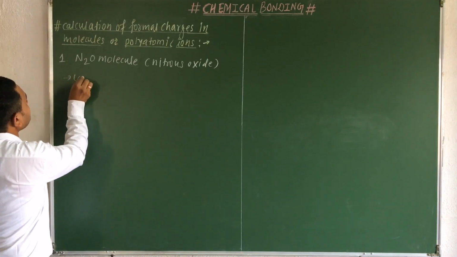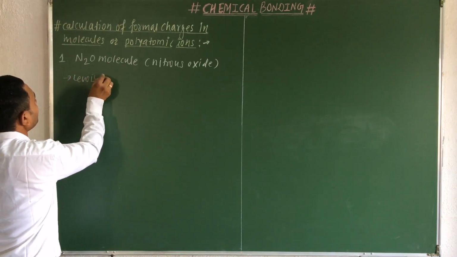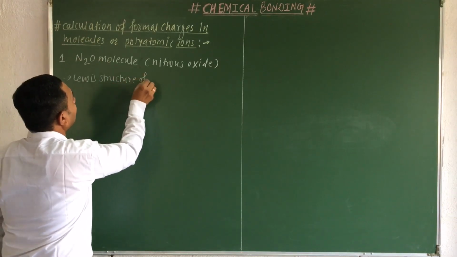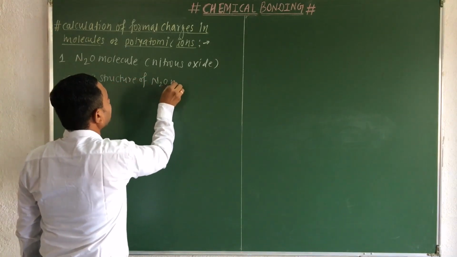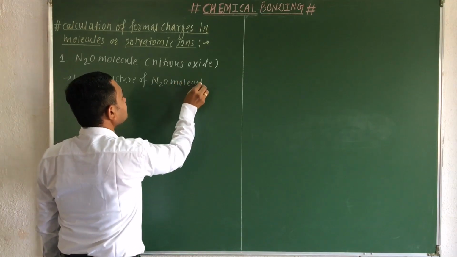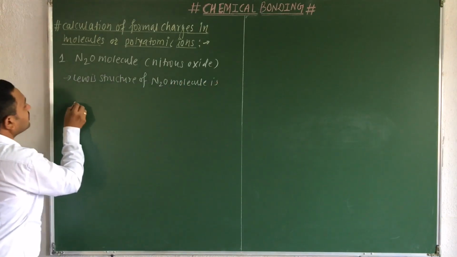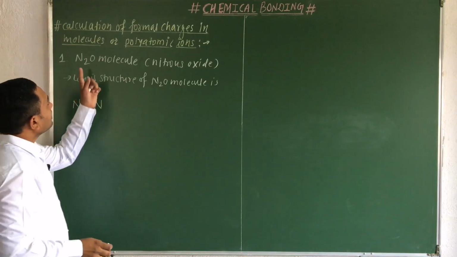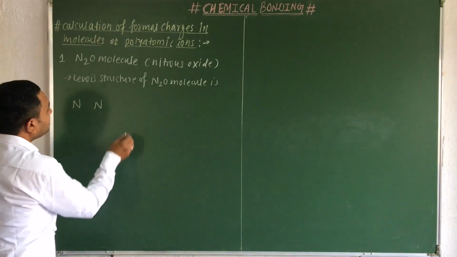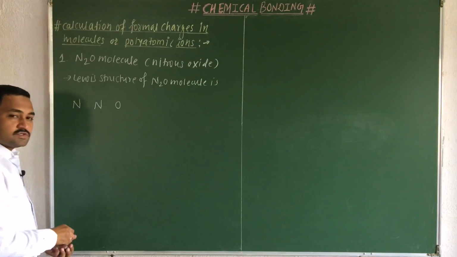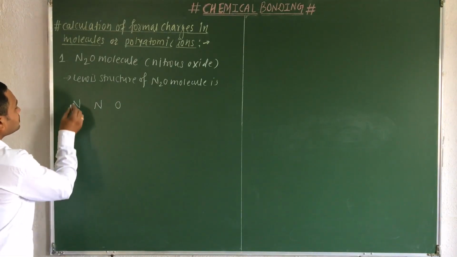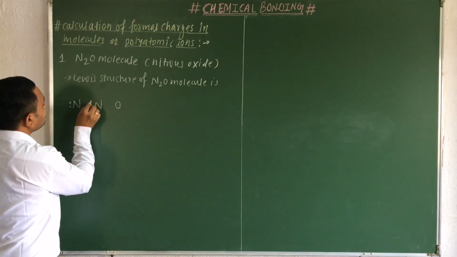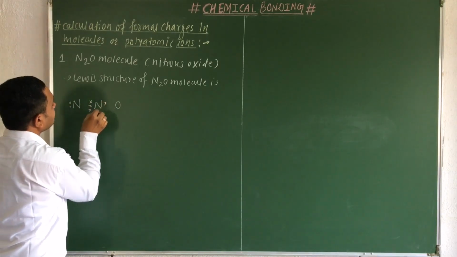So the Lewis structure of the N2O molecule is, we know that there are two nitrogen atoms in the N2O molecule and one oxygen atom. I will show the electrons of this nitrogen atom by dots and the electrons of this nitrogen atom by crosses.